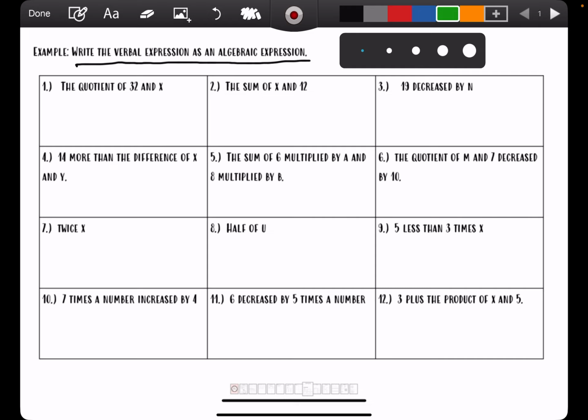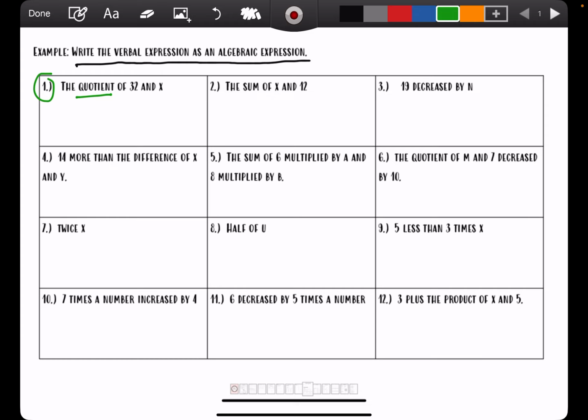On number one, it says the quotient of 32 and x. So quotient is the key word here. Quotient means the answer to a division problem. So in other words, quotient, just think division. The result of a division problem is called the quotient.